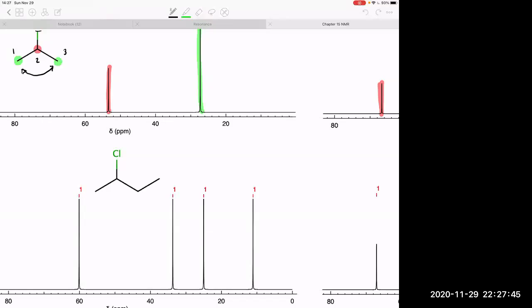So this is going to be a good example here. Here we have a CH3, and here we have a CH3, but they're not in the exact same environment. This is located 1, 2 away from this chlorine, whereas this is 1, 2, 3 away from this chlorine. So even though they're both methyl groups, they would not be considered chemically equivalent.